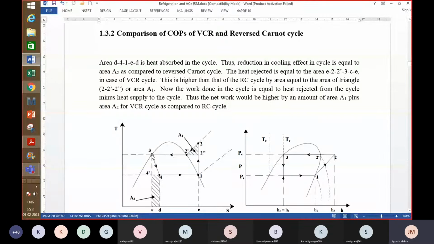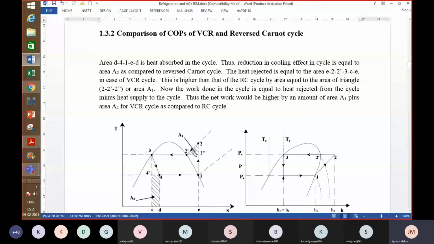So because of these two changes, as compared to this reverse Carnot cycle 1-2-3-4, there are certain changes that you have made, and this area is added. The 2 to 2' area is added, which is area A1, and this increases the work inside the cycle. So this is an additional work that you need to put in the cycle to achieve the required effect of refrigeration.